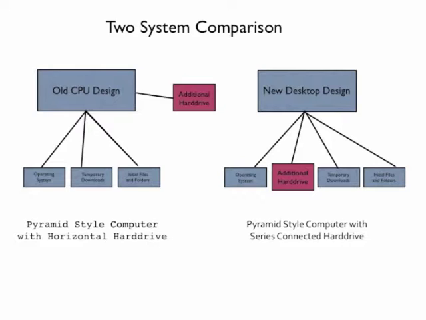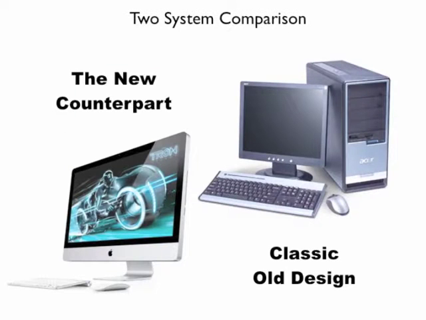Like I said, everything is connected in a pyramid style. And when an outside entity or person wants to gain access to your computer, they will now have control of everything that your computer is connected to.